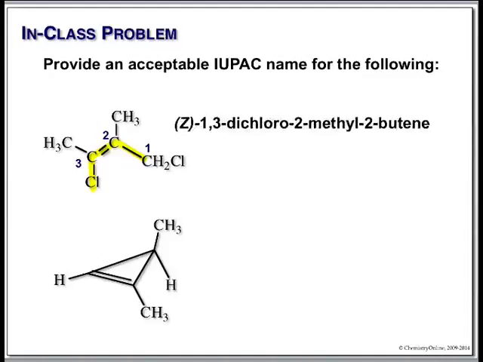Yeah. I have a question. Instead of having the chlorine attached, what if it was just a CH3? If it was a CH3, then it would make no difference because we have 2 of the same thing attached. Okay. And it would neither be E or Z.